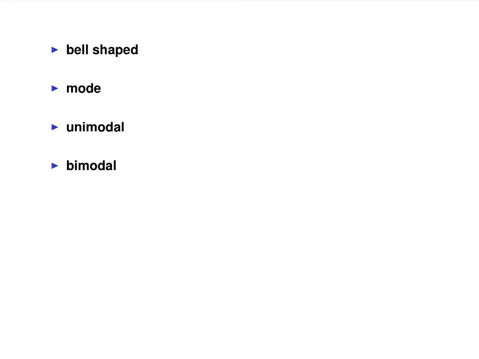So, bell-shaped data is something that when you make a histogram, like what we just did, the picture looks something like this, symmetric idea. And obviously if you have discrete bars, it's not going to be exact, but it has this bell-shaped general trend.